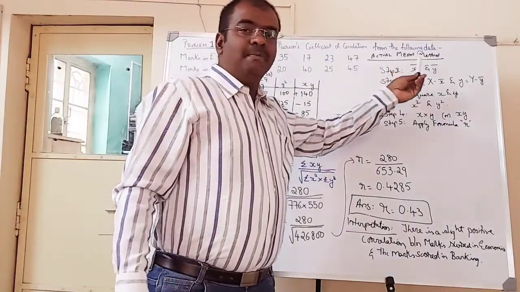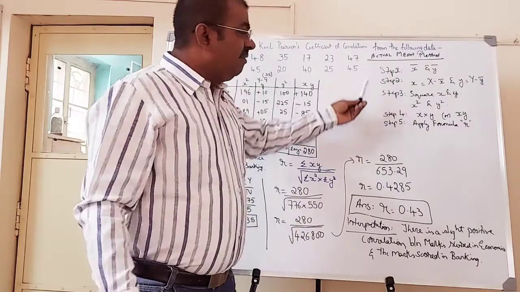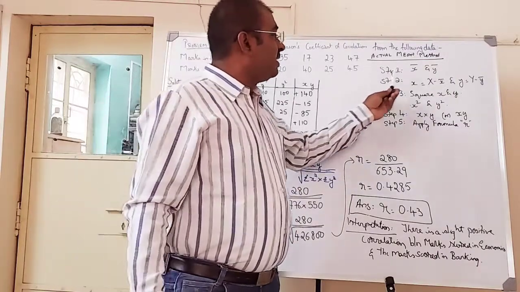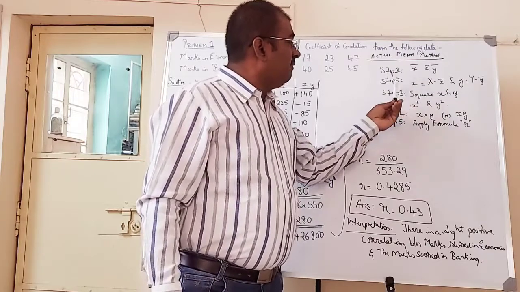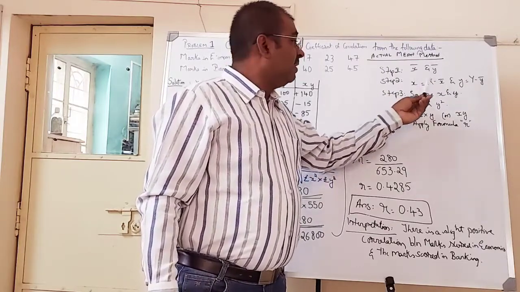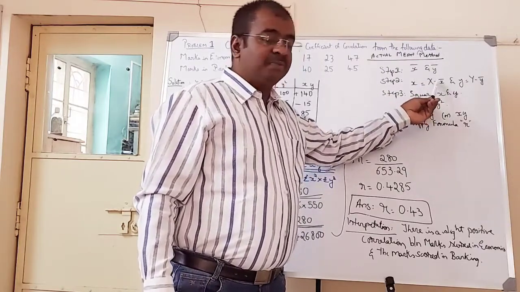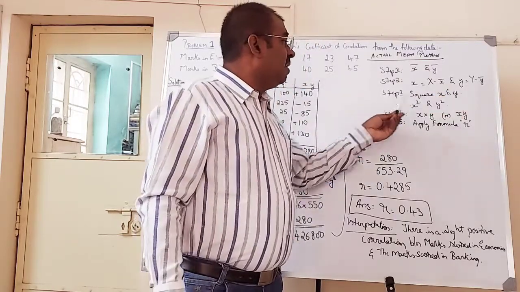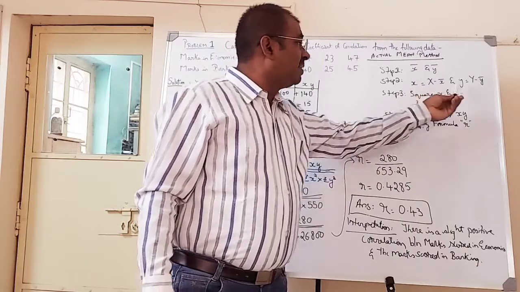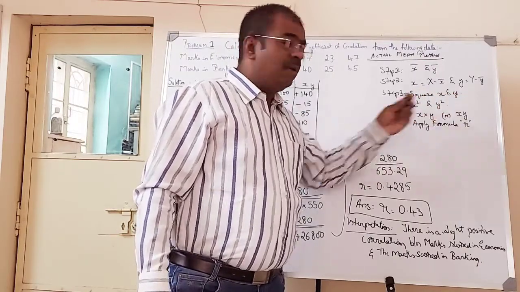So this is solving Karl Pearson's coefficient of correlation using the actual mean method. There are 5 different steps. Step number 1 is calculating x bar and y bar. Second, we find the deviations of x, that is capital X minus x bar. Similarly, values of y minus y bar. Third, we square the values of x and y and find x square and y square.